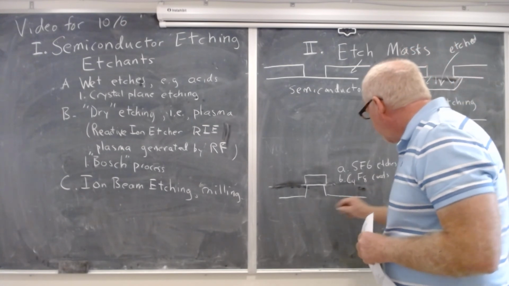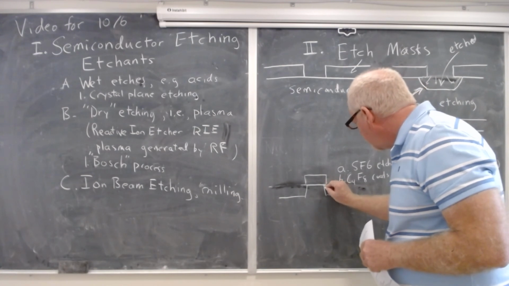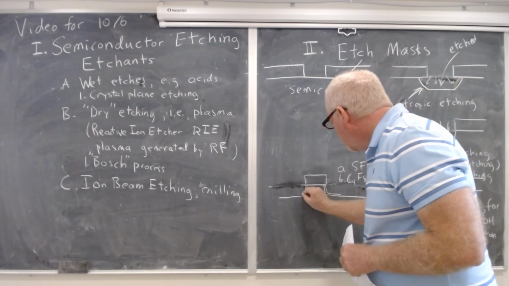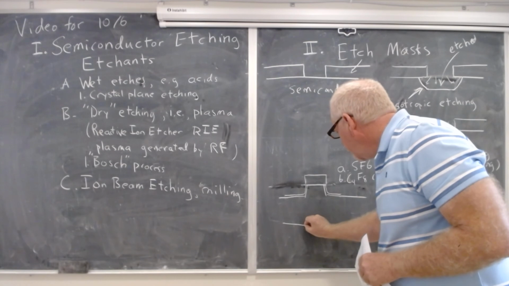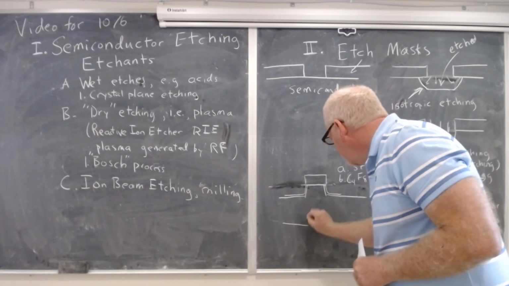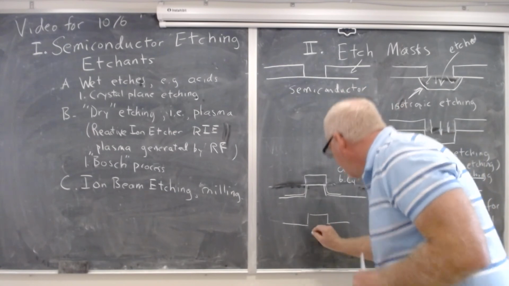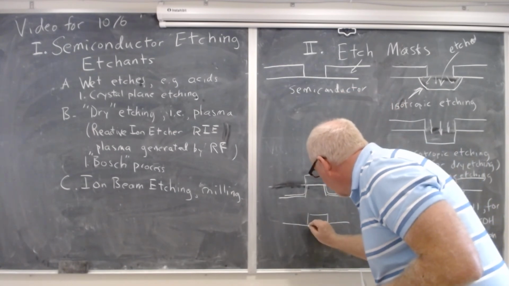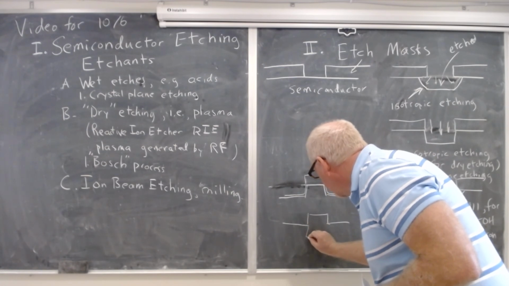And so basically, A, you etch, and then B, it produces a coating all the way around here. And then what happens in the subsequent step is that the next step tends to remove more vertically, leaving that coating, and so you get kind of a profile like this.